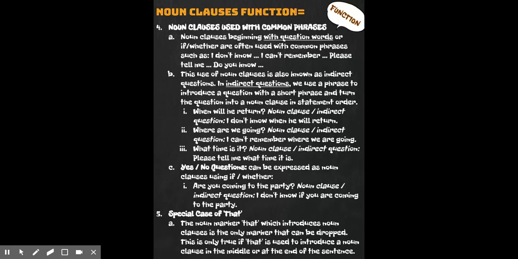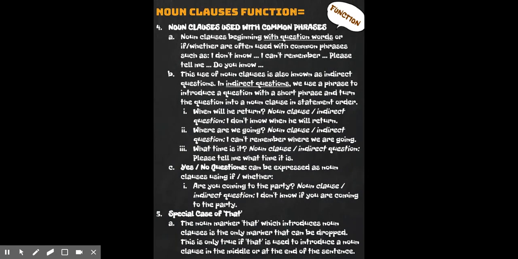Looking down at C, yes/no questions can be expressed as noun clauses. "Are you coming to the party?" You can add a noun clause to it in the form of an indirect question. "I don't know if you are coming to the party." Okay. Clear as mud, right?